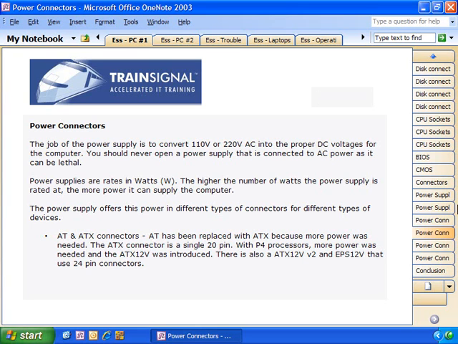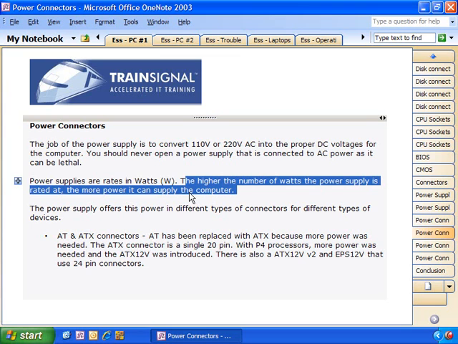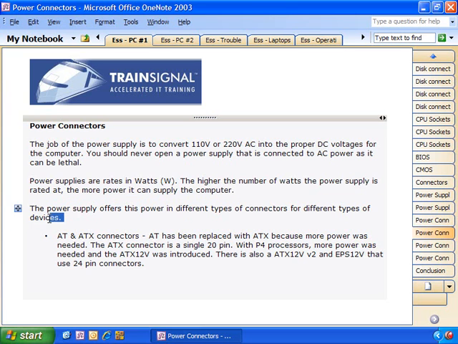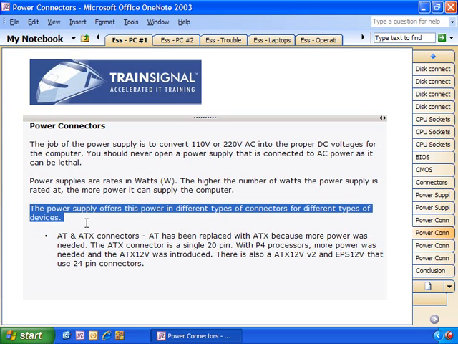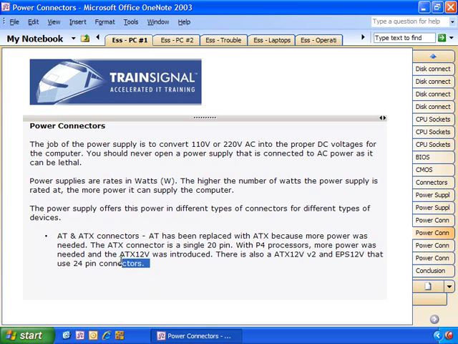Now, power supplies are rated in watts or W. The higher the number of watts the power supply has, the more power it can supply to the computer and all those peripherals you want to put in the computer. Now, the power supply offers this power in different types of connectors for different types of devices. First off, there's the AT and ATX connectors.